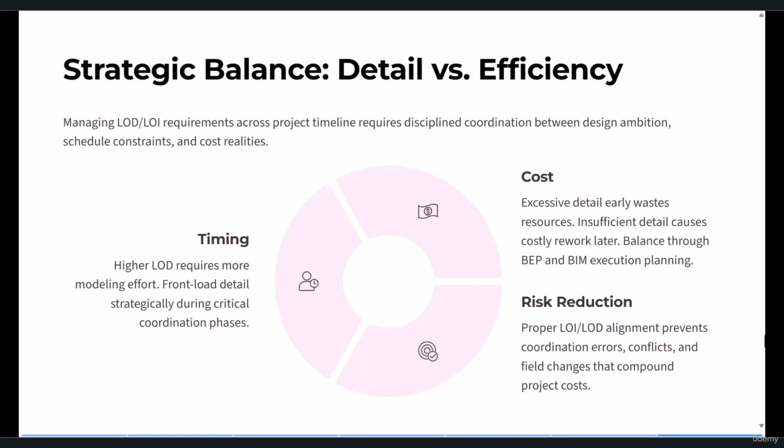So as a kind of result, LOD and LOI are like camera magnification accuracy. The more you zoom in, the more precise an image is obtained, but we'll need more time. So as a conclusion, we learned up to here that LOD, or level of detail, is the level of development of the geometry, and LOI, or level of information, is the amount of information that will be entered into the model, and LOIN will define how much information we'll need in each level.